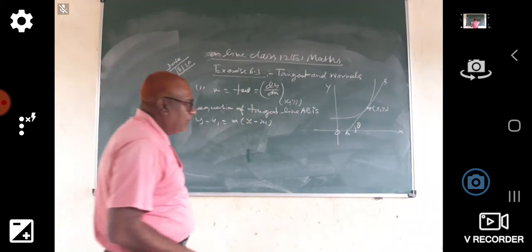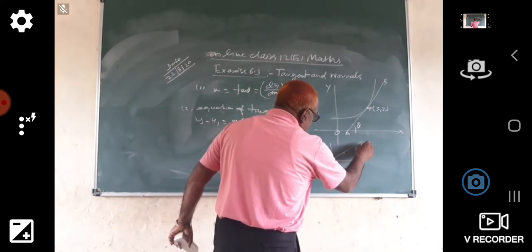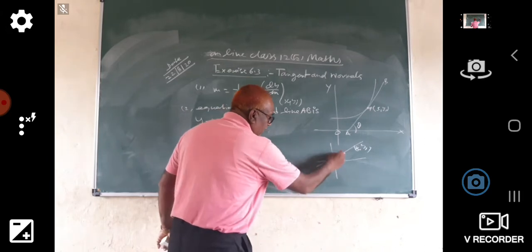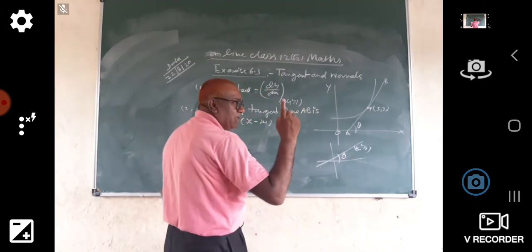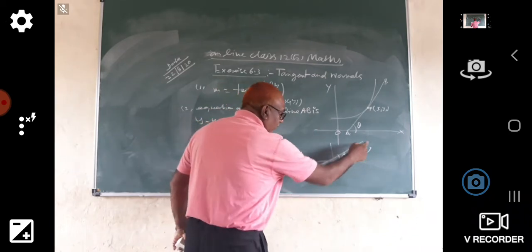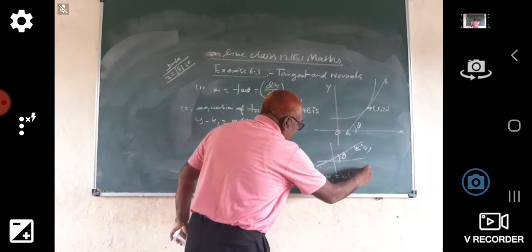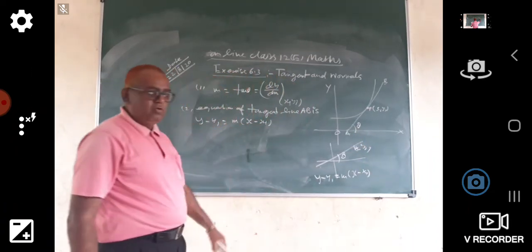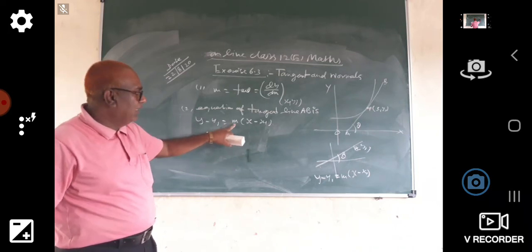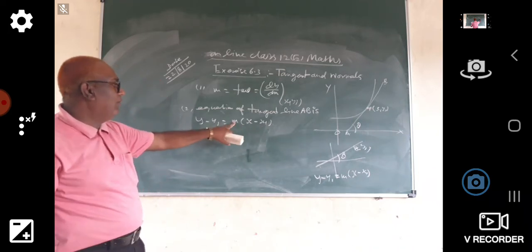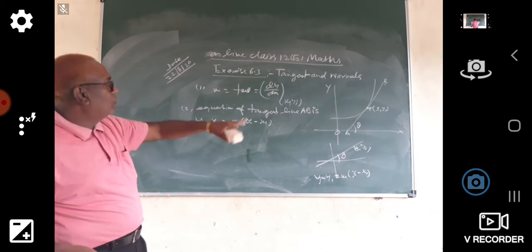So by using this formula, y minus y1 is equal to m into x minus x1, but what is the value of m, what is the gradient of this tangent line? m is dy by dx at x1, y1.